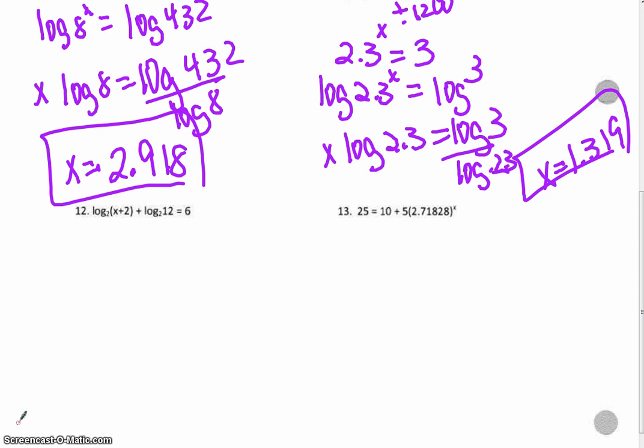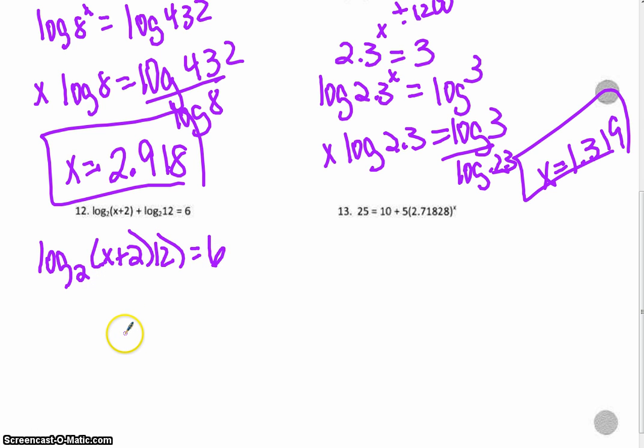You're going to start by knowing that addition becomes multiplication, so this is log base 2 of x plus 2 times 12 is equal to 6. So then you're going to need to distribute your 12. So log base 2 of 12x plus 24 is equal to 6.